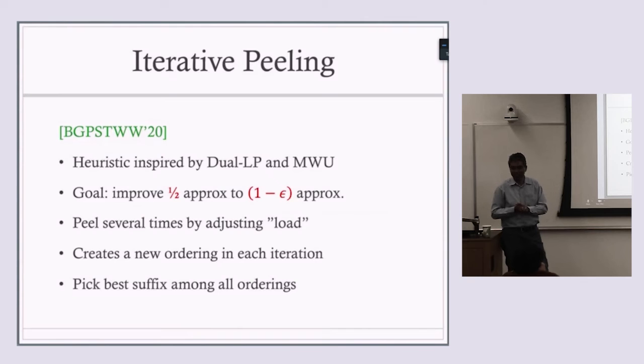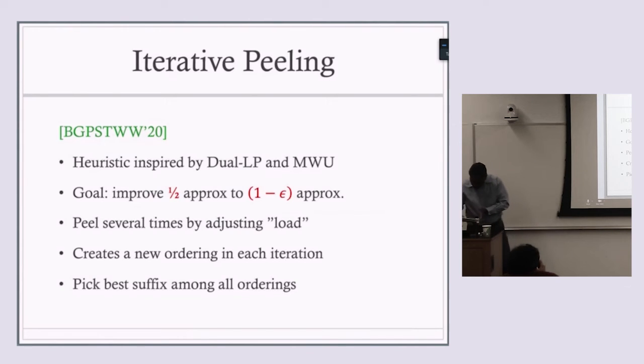I think that's something that maybe in theory we do less of, but we should do more of. They realized that there are all these packing LP formulations like I mentioned, but they're complicated, and they wanted something very simple. They came up with this heuristic, which is an adaptation of the peeling algorithm, based on some intuition they had from the dual LP multiplicative updates, and their goal was to change this half to 1 minus epsilon, but in a simple algorithm.